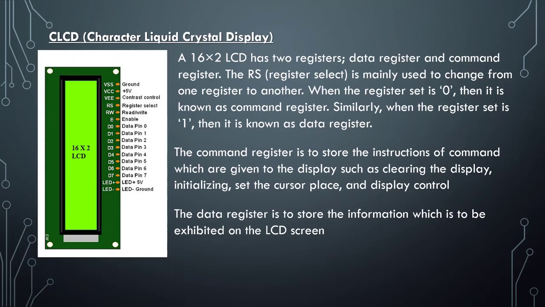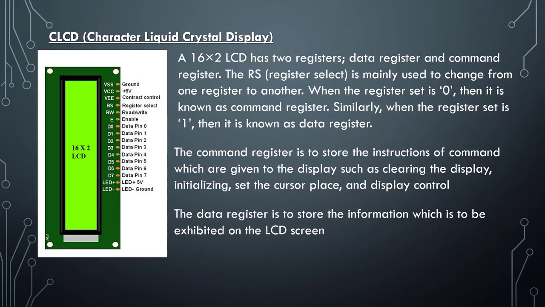For the 16 by 2 LCD, we can command the register to place our cursor at any place we want. We can also tell it to clear the screen, and we can initialize and control the display of our LCD using the command register.